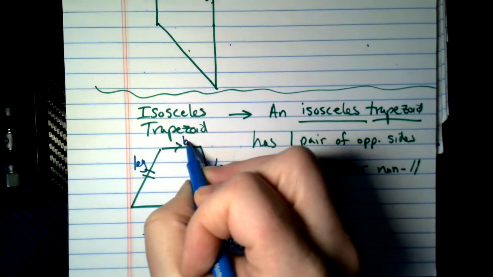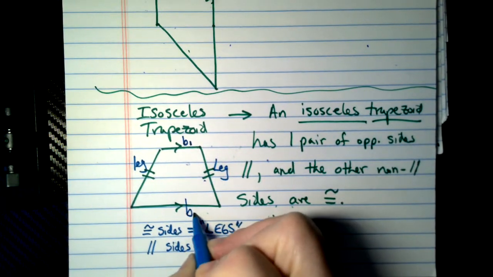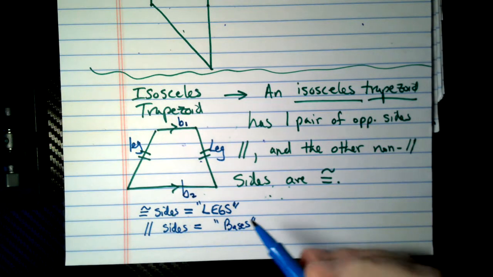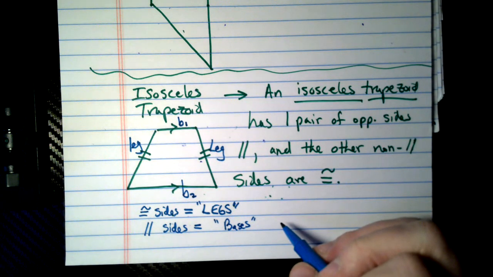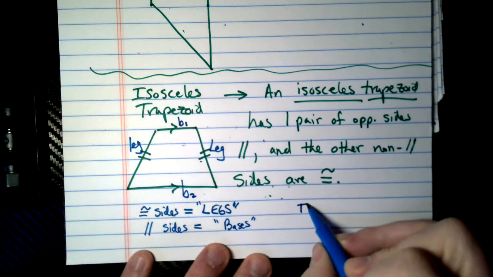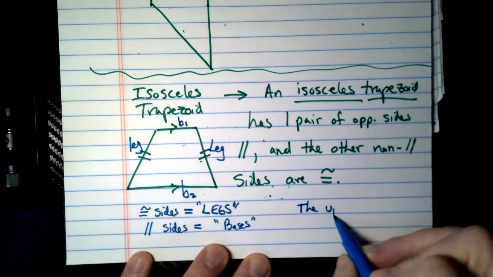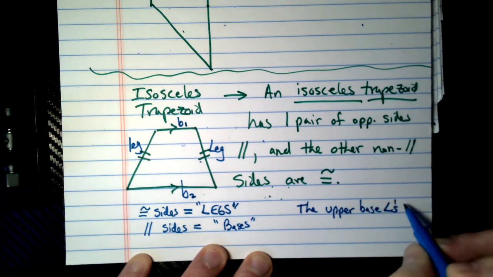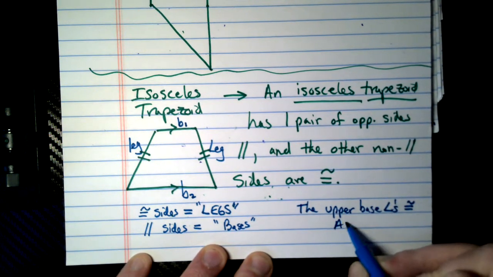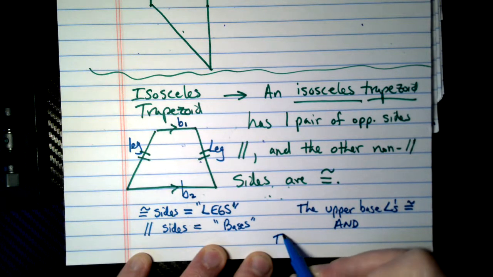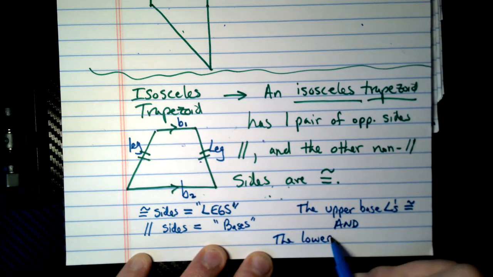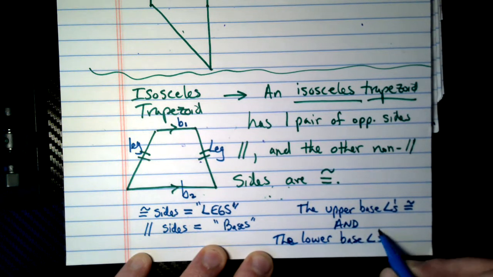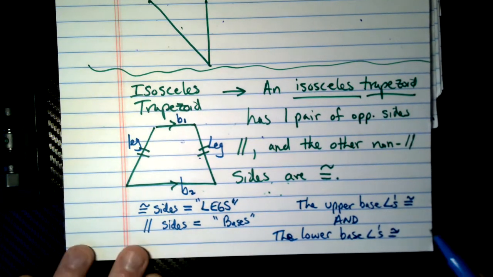Sometimes they call it base 1, base 2, like B1 and B2. And then we have base angles. The upper base angles are congruent, and the lower base angles are congruent to each other.